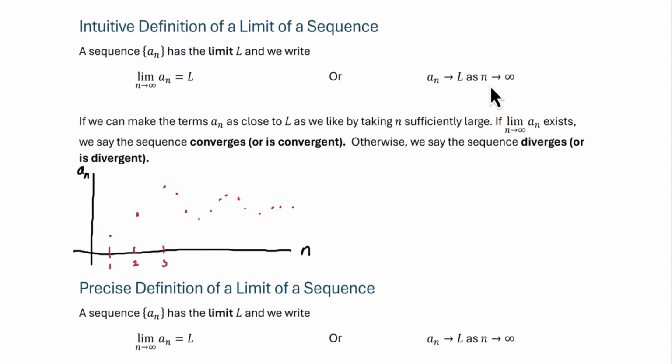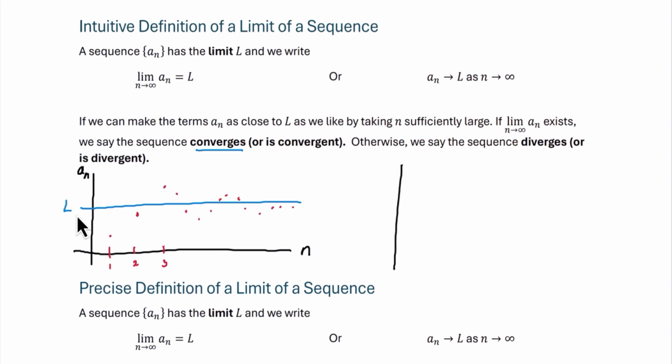It's approaching a certain value. Let's call it L, the limit. In this case, we would say that this is a convergent sequence. It converges because as n gets big, the terms of that sequence start to approach that value L.